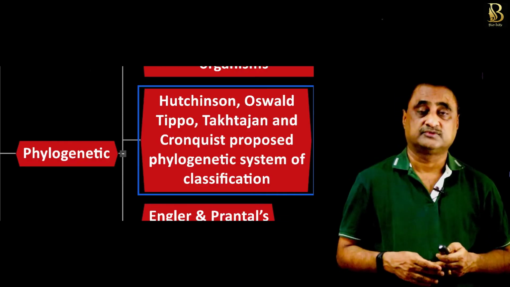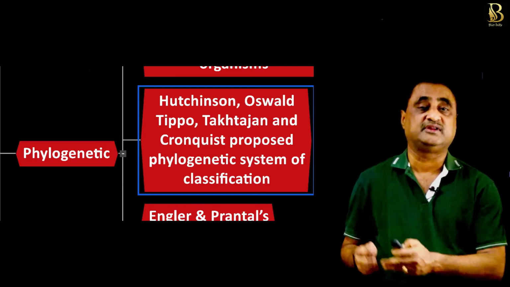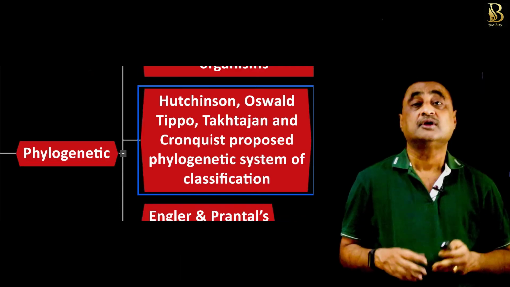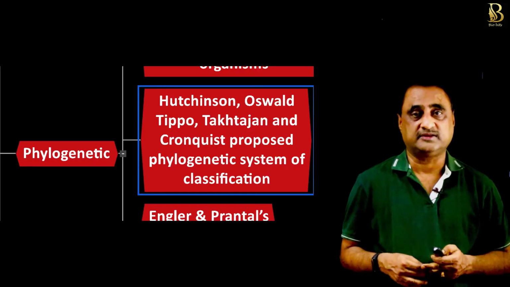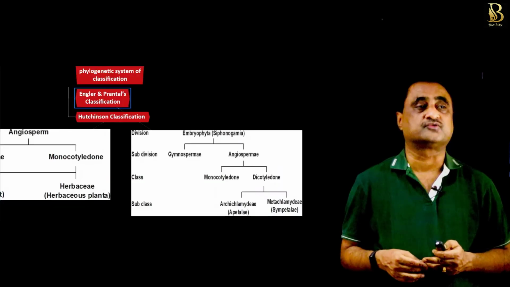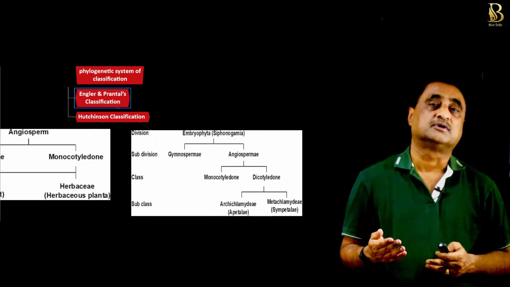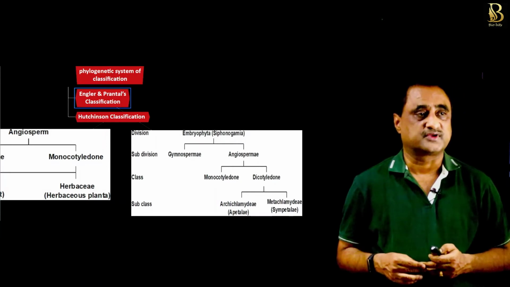It is often asked which classification is based on phylogeny and which is based on the natural system of classification. Engler and Prantl is also based on the phylogenetic system of classification.